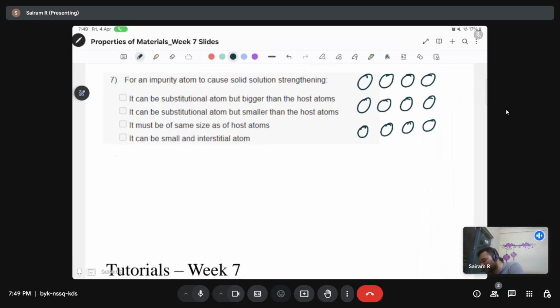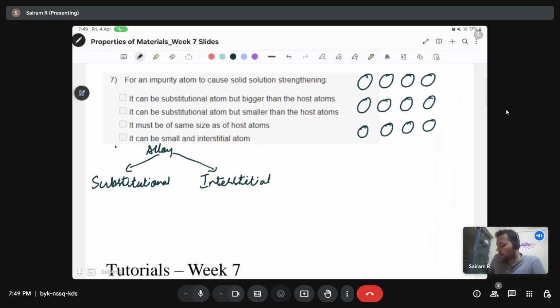One is substitutional, and the other is interstitial. Right? We have two different kinds of alloying.